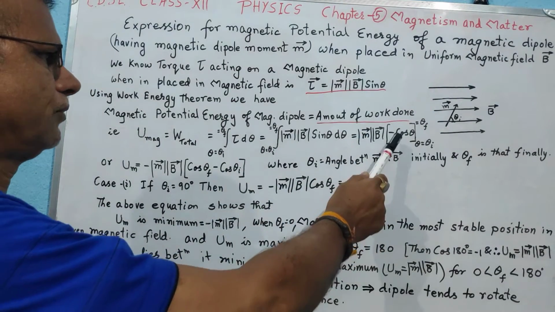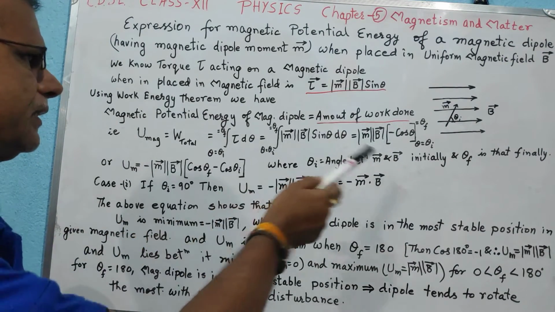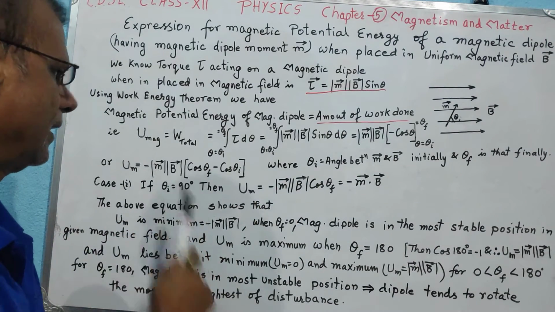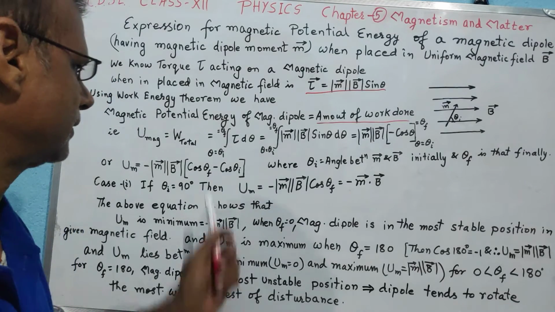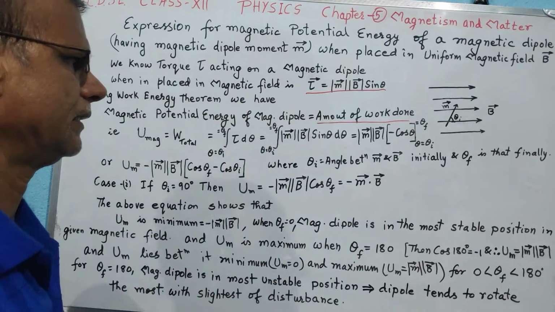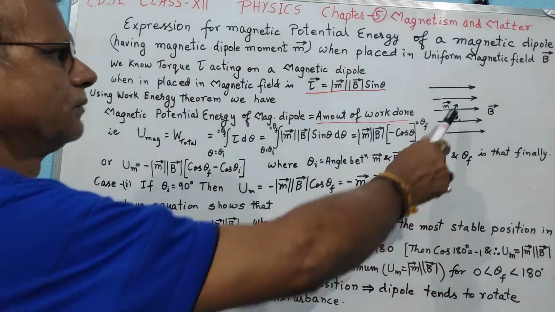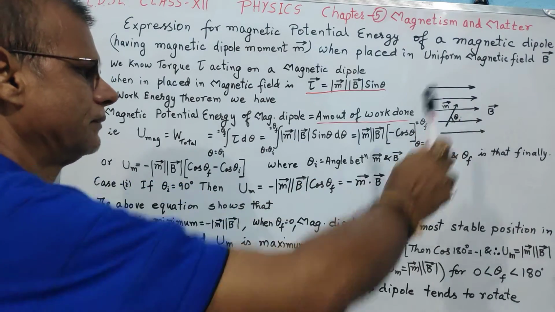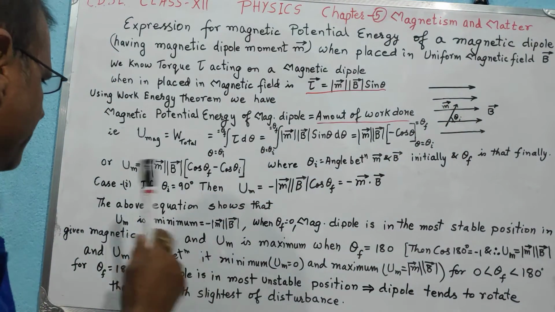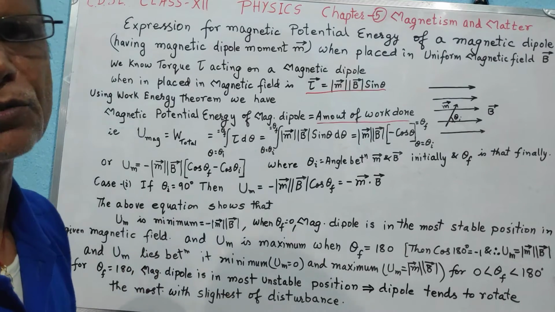On putting the limits, we take the minus sign outside, and we get mB times cos theta F minus cos theta I, where theta I is the initial angle and theta F is the final angle between the magnetic dipole moment m and magnetic field B. Now we discuss a case where theta I is equal to 90 degrees.